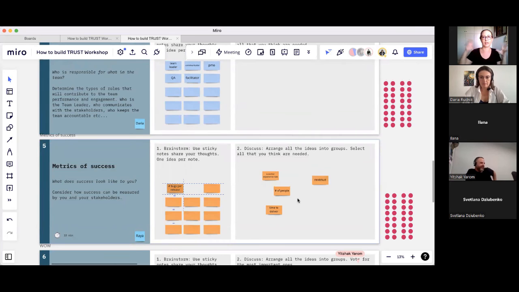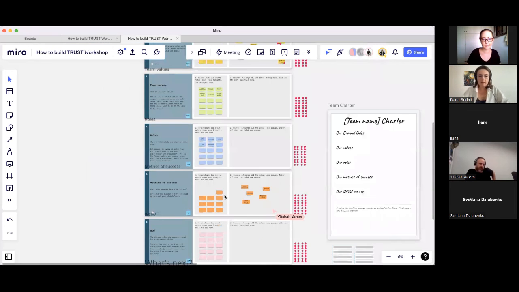It means that everyone accepts this metric, and everyone works and does everything to create this success for the team. It's very important. And then you choose and start working on this.